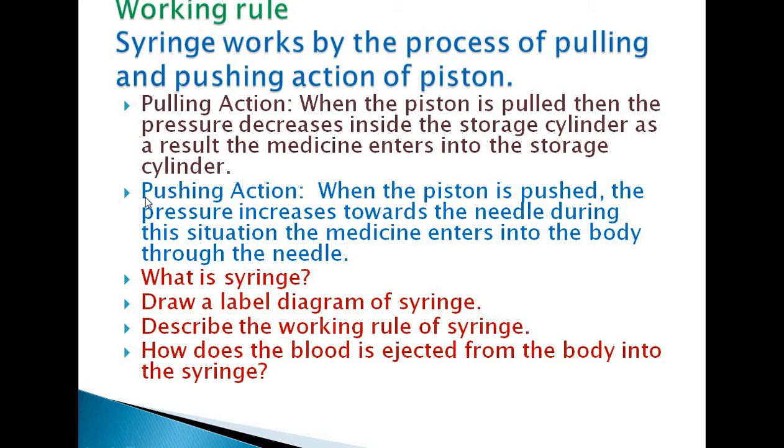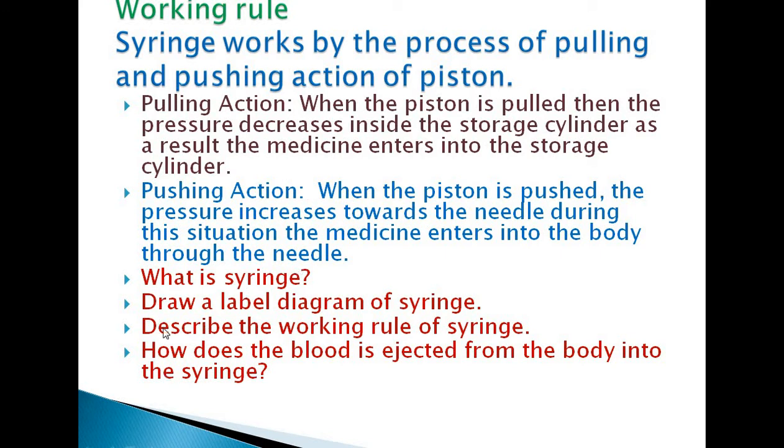And in pushing action, when the piston is pushed, the pressure increases towards the needle. During this situation, the medicine enters into the body through the needle. This is the simple action of the syringe. There are two actions, pulling action and pushing action. So we have got it about syringe.